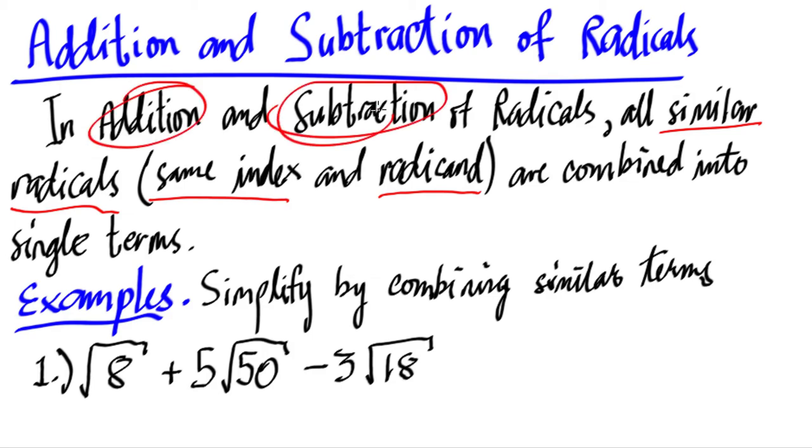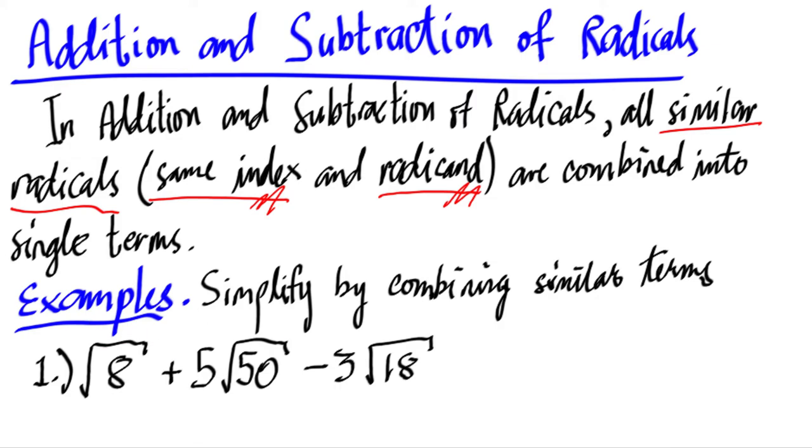If you can remember simplifying algebraic expressions, now we're going to simplify radicals, only that it should be similar index and similar radicand. We're just going to add the coefficients, or the numbers in front of those radicals.